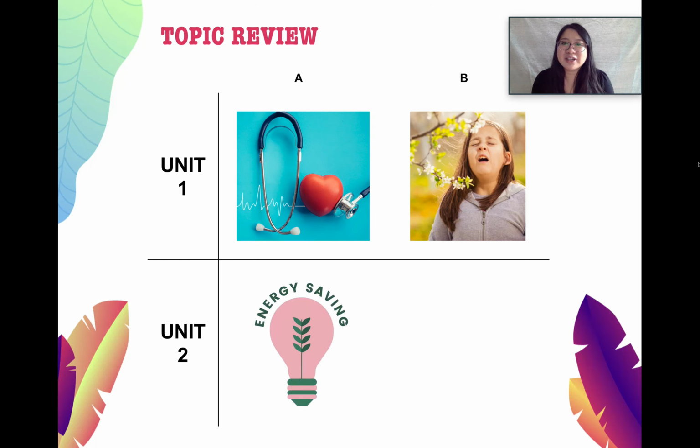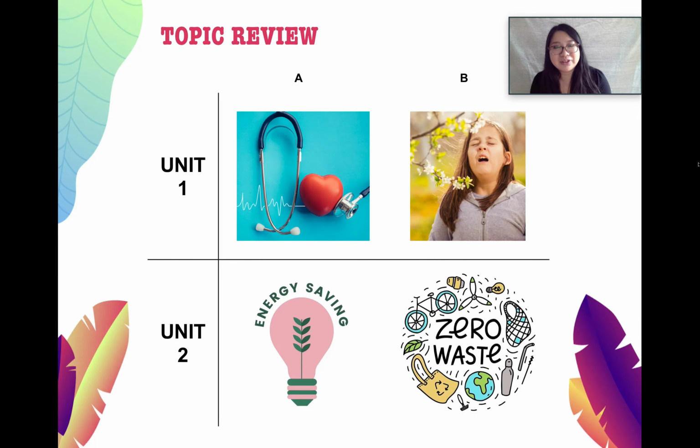Specifically, we started talking about energy, different ways that we use and produce energy, and different habits that we can learn to conserve energy. Then in Unit 2B, we started talking about the environment and pollution. Specifically, we discussed ways to reduce waste to try to help the environment.